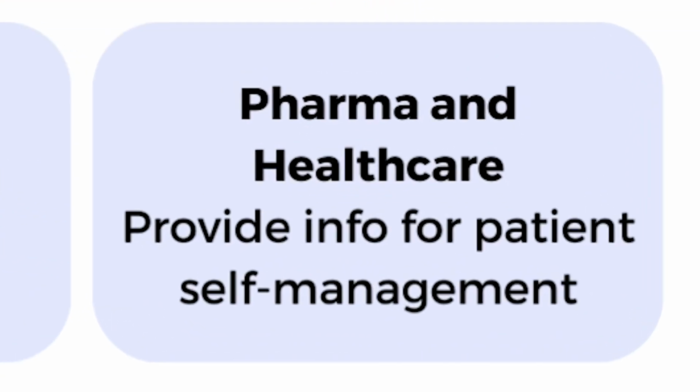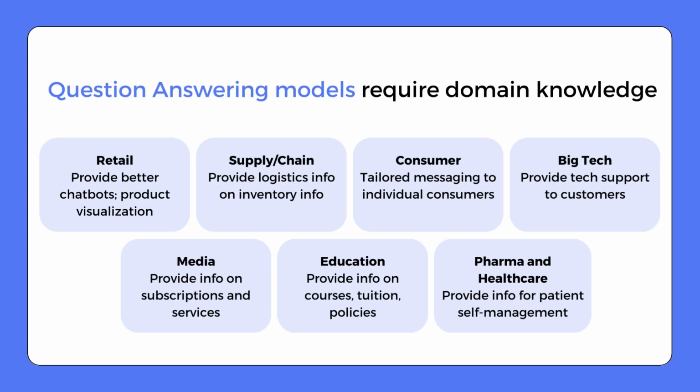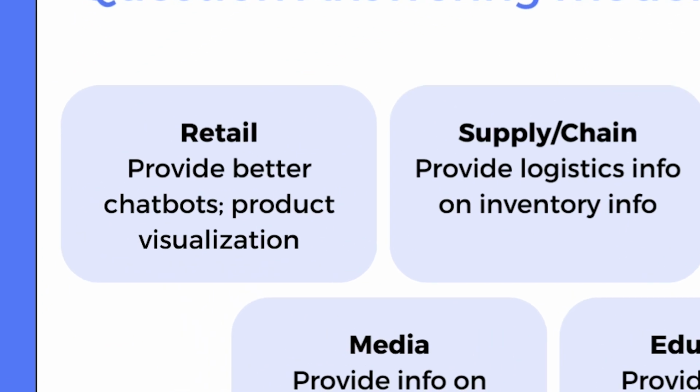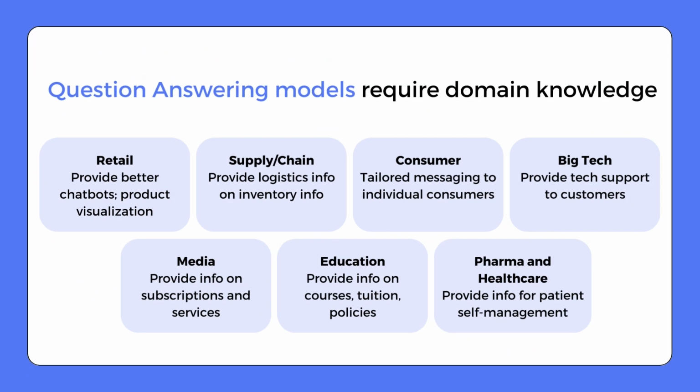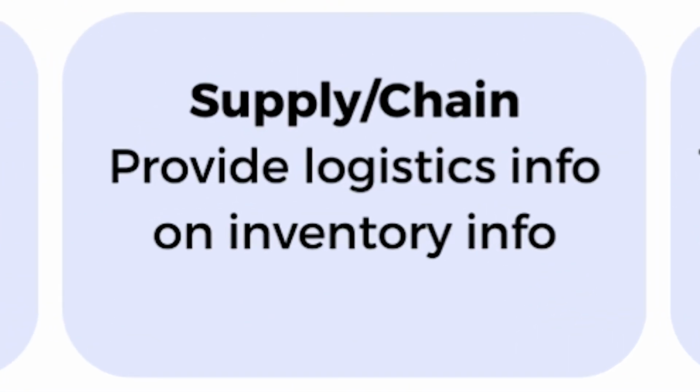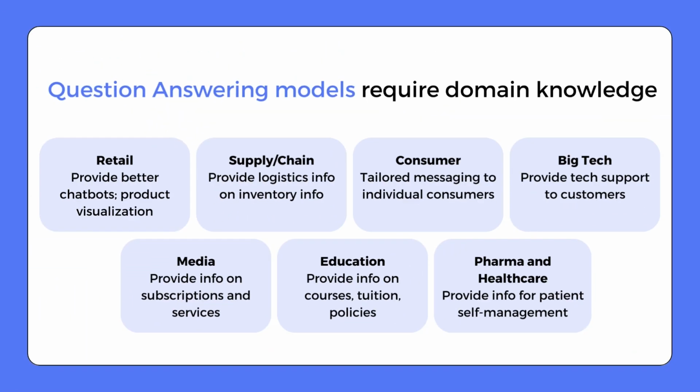For healthcare, they could serve as self management tools for patients, providing critical health related information. Retail businesses could benefit from better AI chatbots and product visualization, elevating the customer experience. And in the realm of supply chain management, LLMs could offer valuable logistics information and inventory insights.